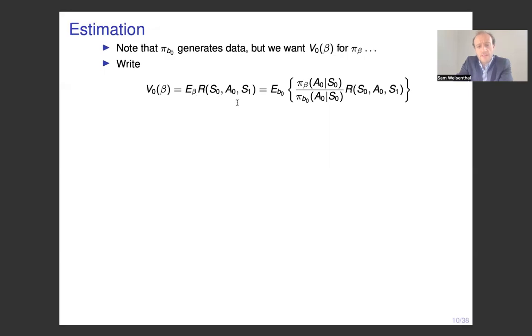Then if one rearranges, we obtain an expectation of this reward multiplied by this ratio, but the expectation is now in terms of the data that we observe. So we can then estimate the value for an arbitrary policy given data observed from a different policy. This is a well-known technique.